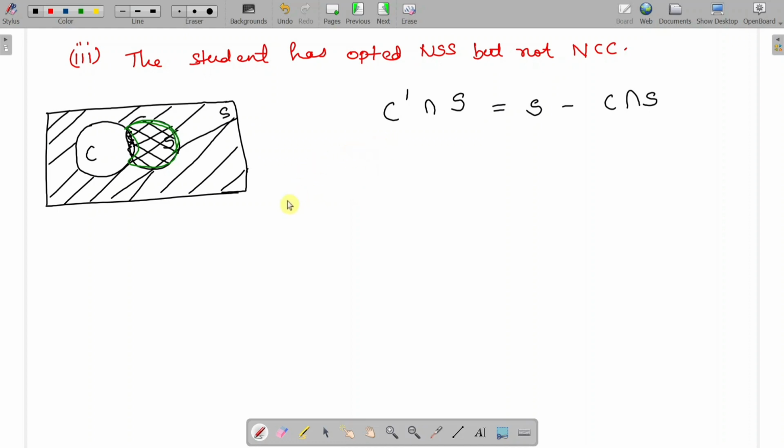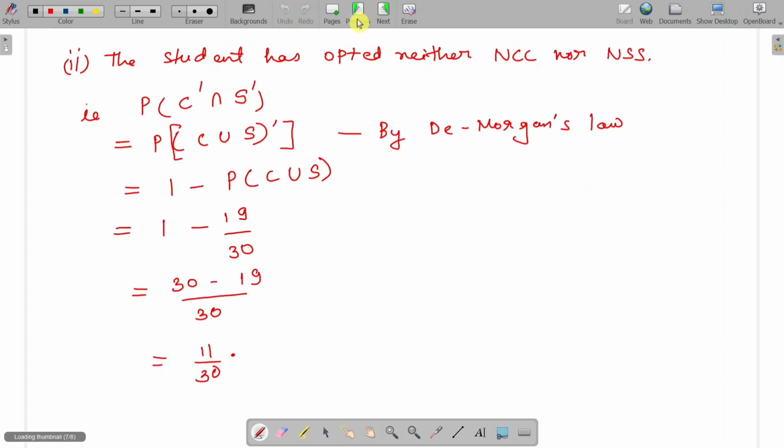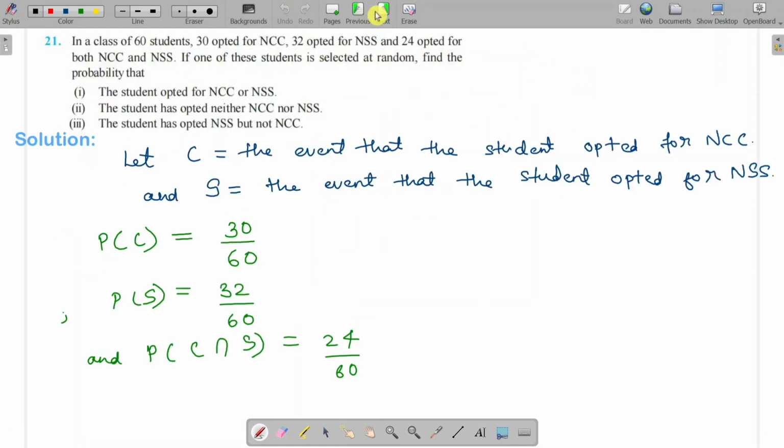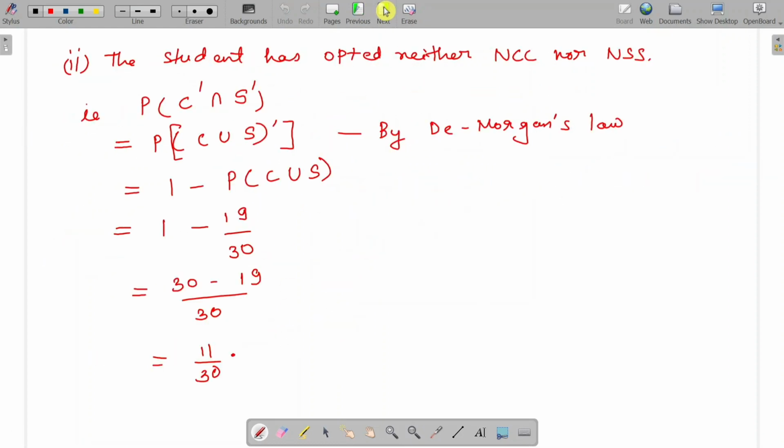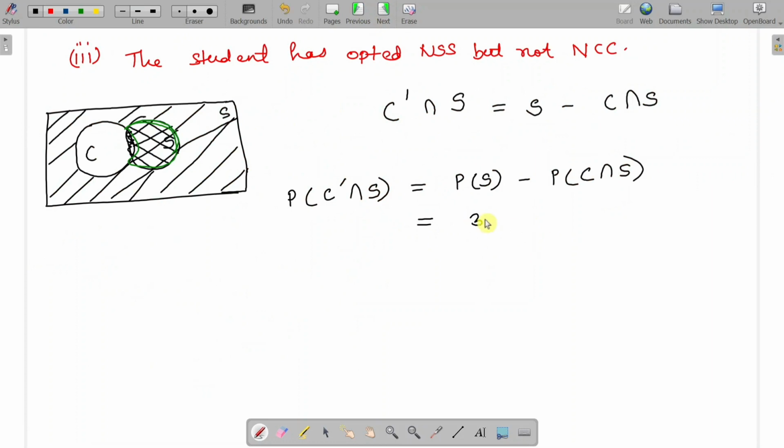So that means the probability of C complement intersection S is nothing but the probability of S minus probability of C intersection S. So this is equal to probability of S, which is 32 by 60, minus probability of C intersection S, which is 24 by 60.